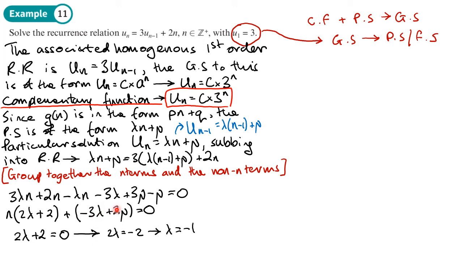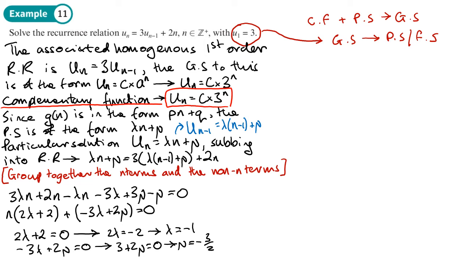Then from this part here, that will give me the equation minus 3 lambda plus 2 mu equals 0. Now I've just worked out lambda. Lambda is negative 1, so if I substitute negative 1 into here, that will give me 3 plus 2 mu equals 0. So then I will get 2 mu equals negative 3, so mu will equal negative 3 over 2.